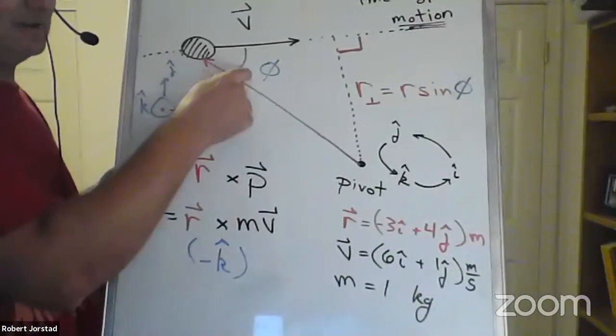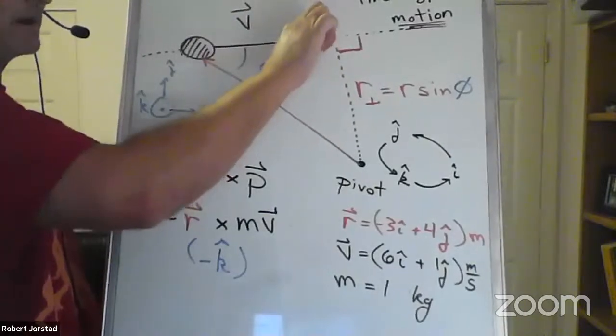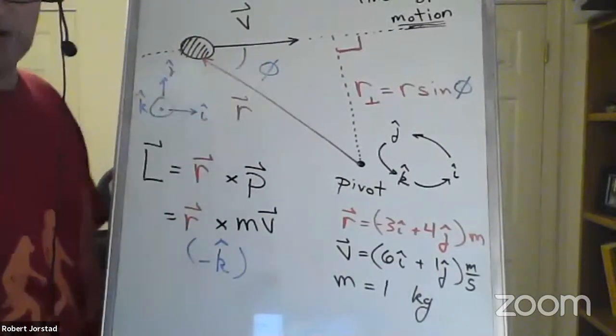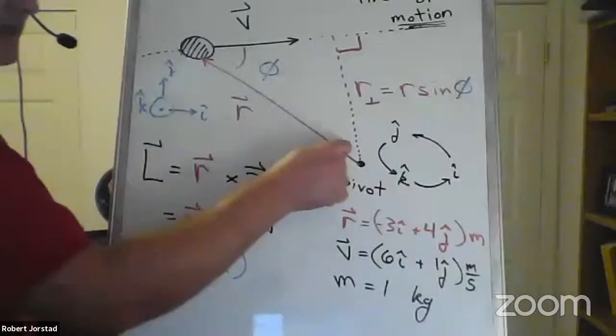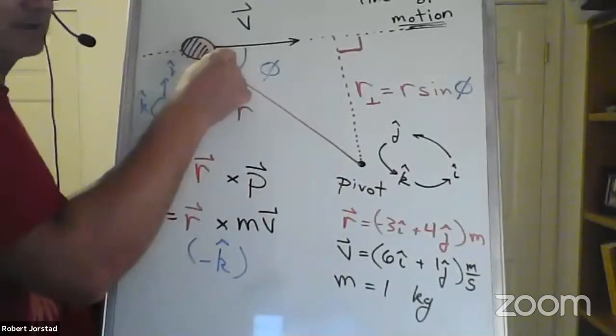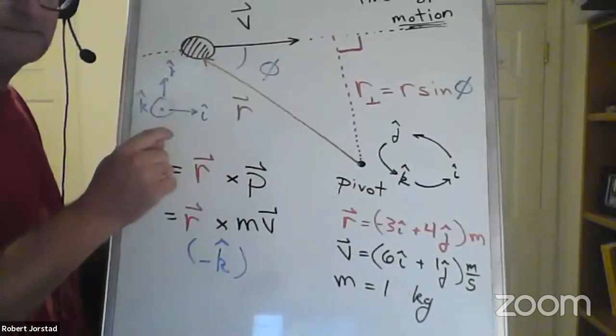What about the angle? As you get closer to this point right here, is the angle getting bigger or smaller? This angle gets smaller, but that angle gets bigger. It gets closer and closer to 90. Agreed?